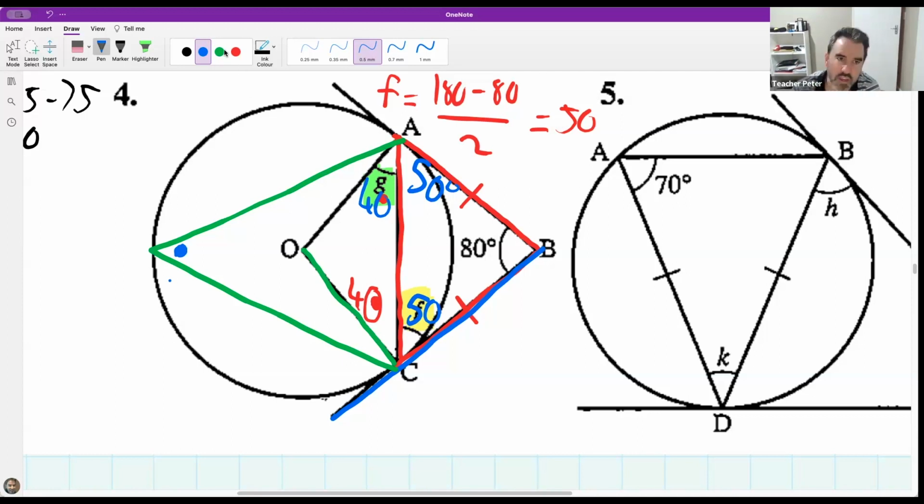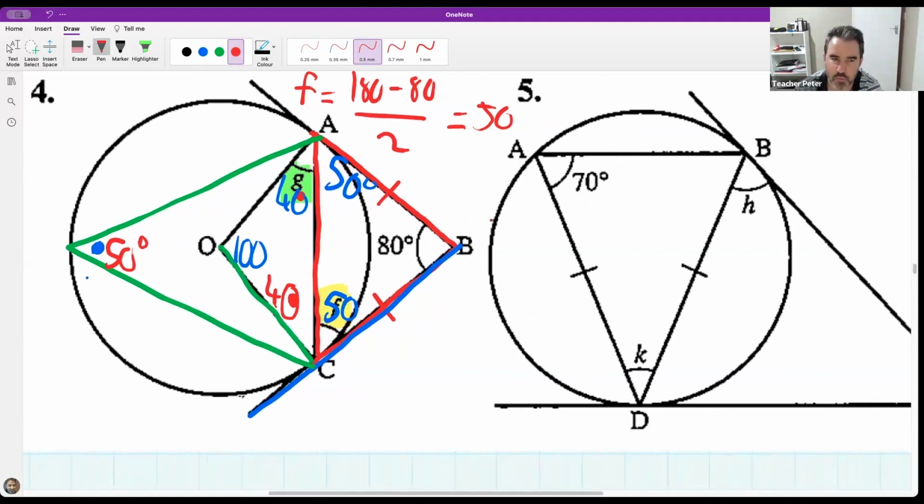So we know that this angle must be 100 to make 180. And this is an angle at the center, which means the one at the circumference has to be half the one at the center. Yeah.